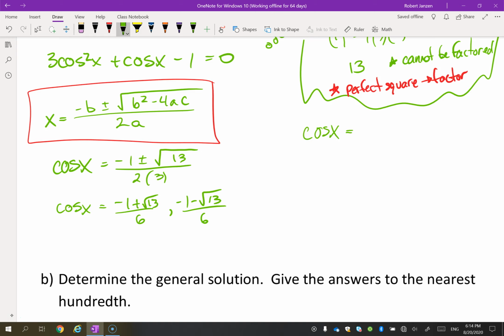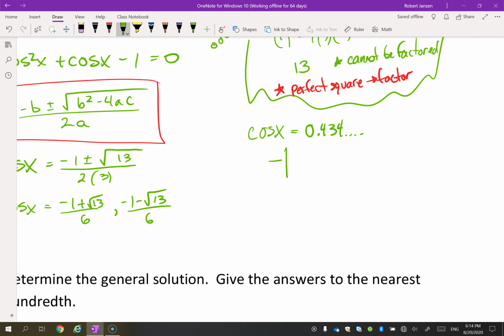All right, so the first one I think is 0.434. Okay, and we know that's positive. Cosine will be positive here and here. So let's quickly figure that out.